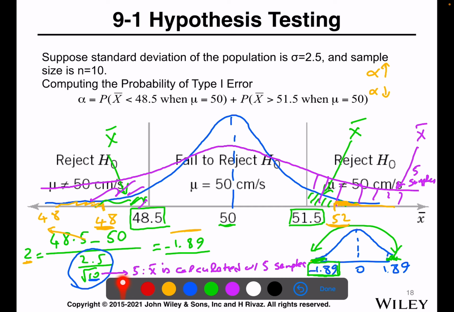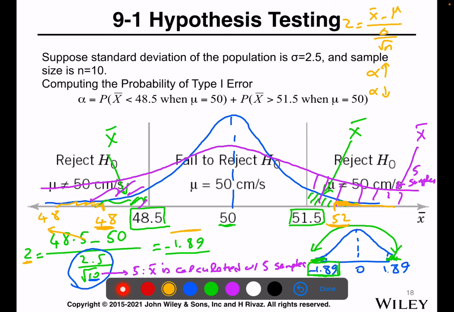And this transformation is basically what we studied in the previous chapter. Basically it says X bar minus mu divided by sigma divided by square root of n is a standard normal distribution, right?